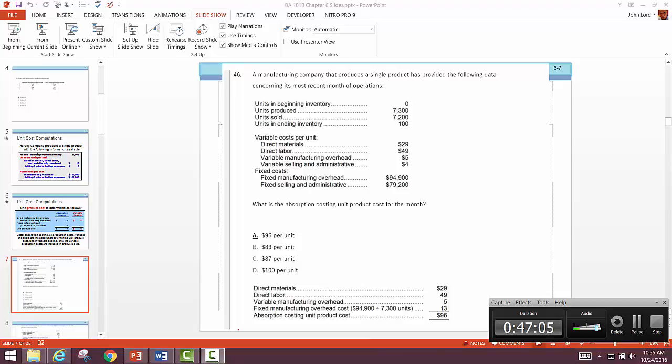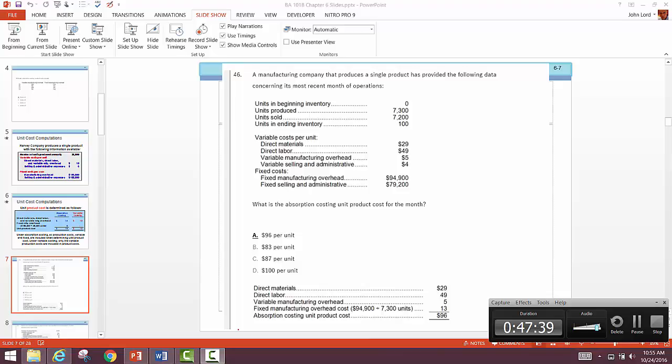Now this is variable, and when I did the same thing using absorption, I had what? Work in progress was calculated, and now we included our fixed manufacturing overhead. So was that $96 per unit?